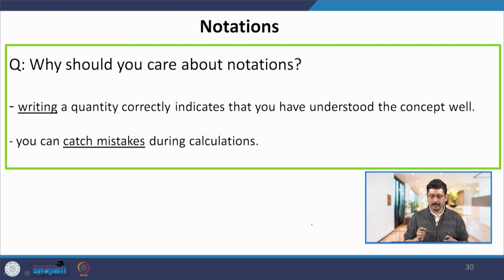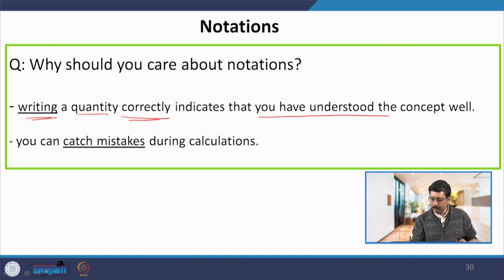Now, I want to mention a couple of comments on notations. This is based on my experience of teaching first year students mechanics. Usually students do not pay enough attention when they write the symbols of the quantities, but this is a mistake. Why? Just trust my word that if you can write down a quantity correctly, it indicates that you have understood the concept well.